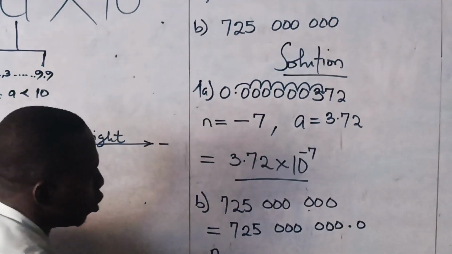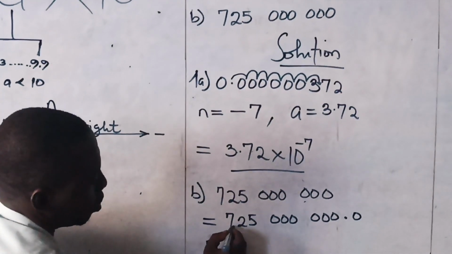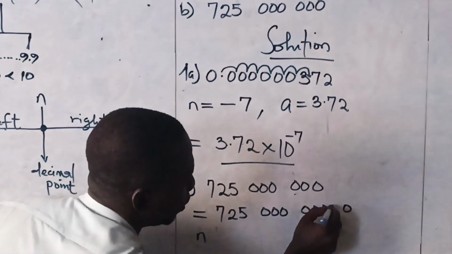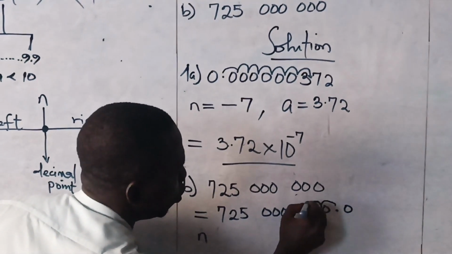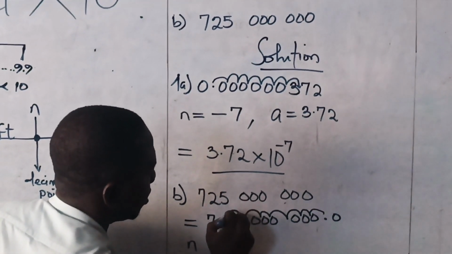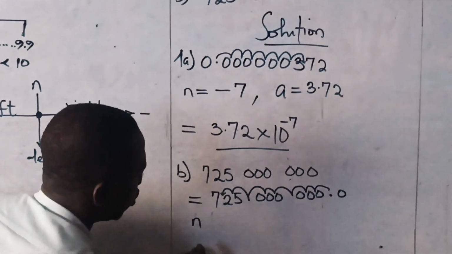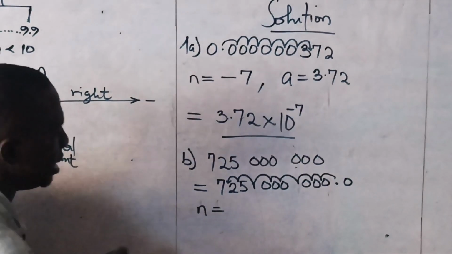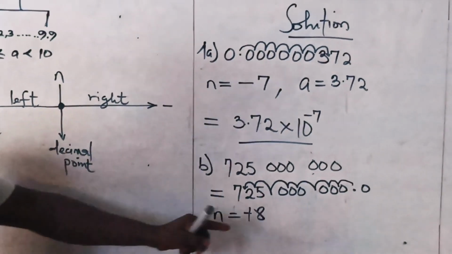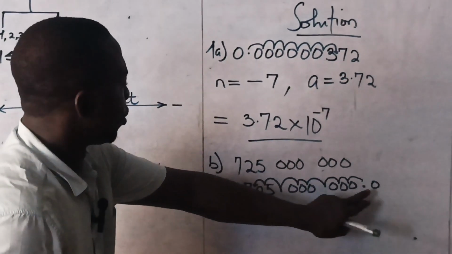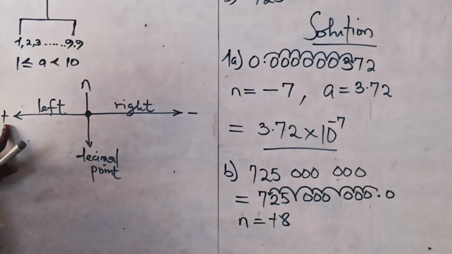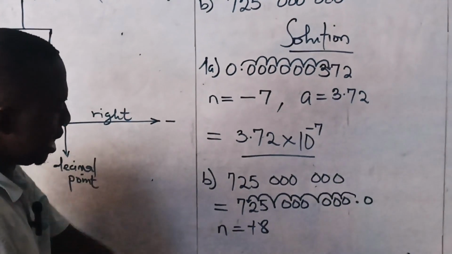So now, having rearranged it accordingly, the next thing is to find our what? N. So let's move our decimal point to between the first digit and the second one. Let's move it. 1, 2, 3, 4, 5, 6, 7, 8. So our N is plus 8, because we move our decimal point to the left direction, and don't forget, left direction denotes positive sign, and that's why we have positive 8.